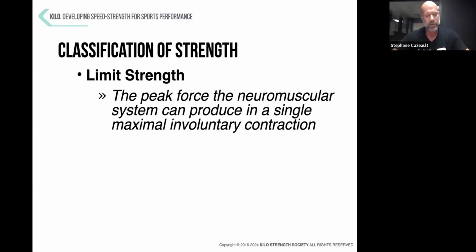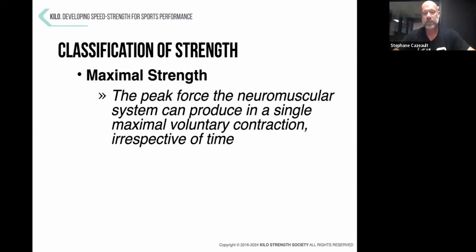Hartmann and Thunemann, German scientists, established in their research that the untrained person will recruit a maximum of about 60% of their muscle fibers, whereas highly trained athletes, let's say throwers in track and field, can recruit up to 85, sometimes 90% of their motor units. So even the elite cannot reach limit strength. But limit strength is still important in the context of what we're going to talk about today. So, maximum peak force that is involuntary.